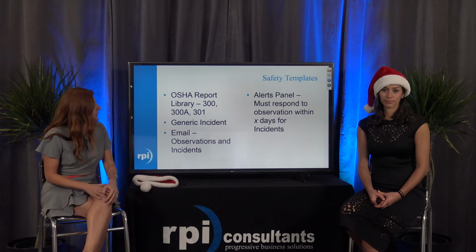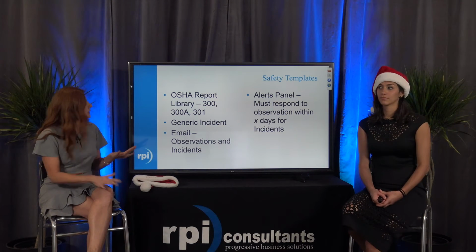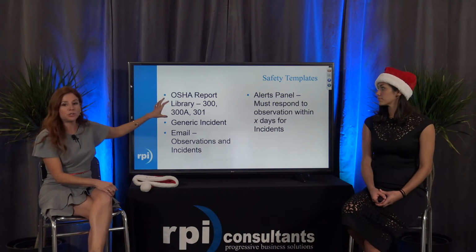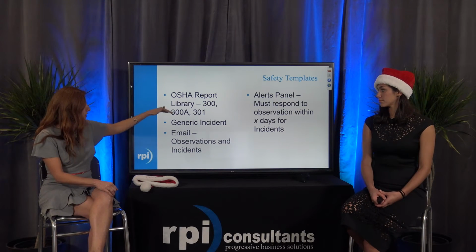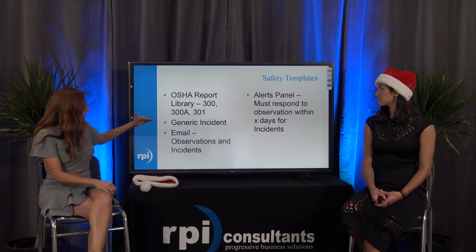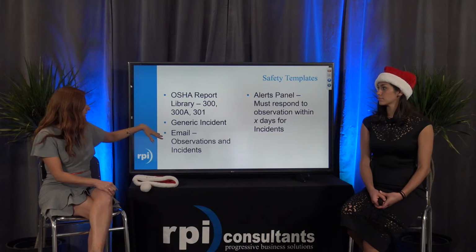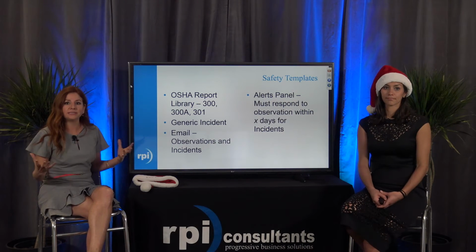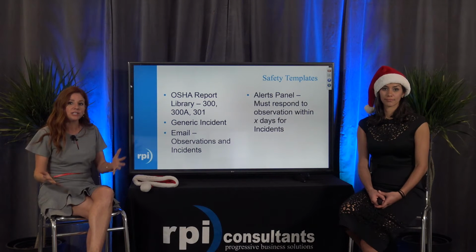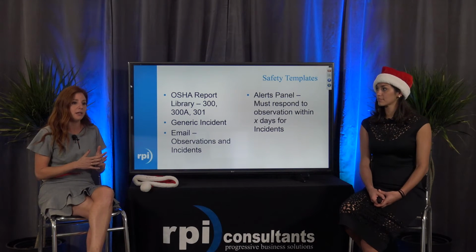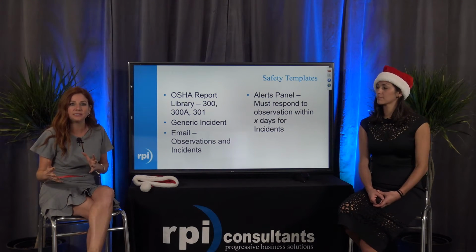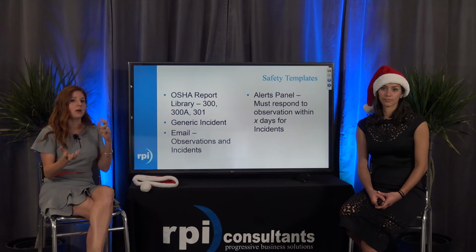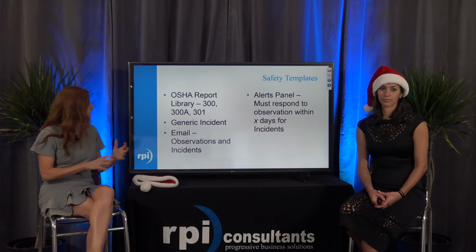So some of the templates that are out of the box are going to be your three OSHA reports. They're available. You just set them up for whichever you need to file. There are generic incident reports, so you can set up a template based on your organization. If there are generally only health-related types of incidents that happen, or if there are fire types of incidents, you can create those.